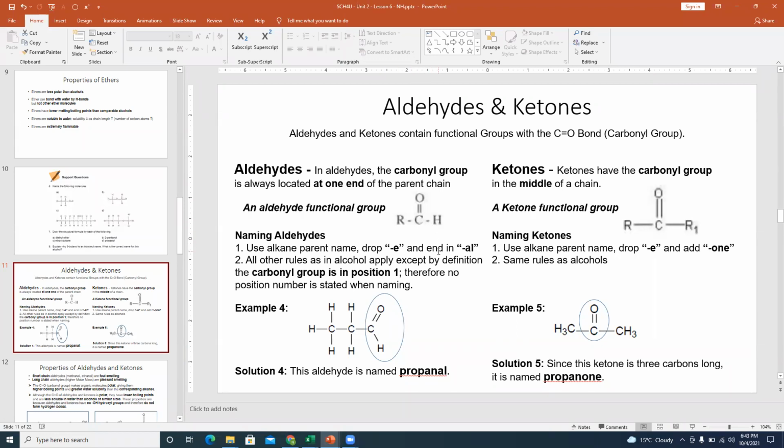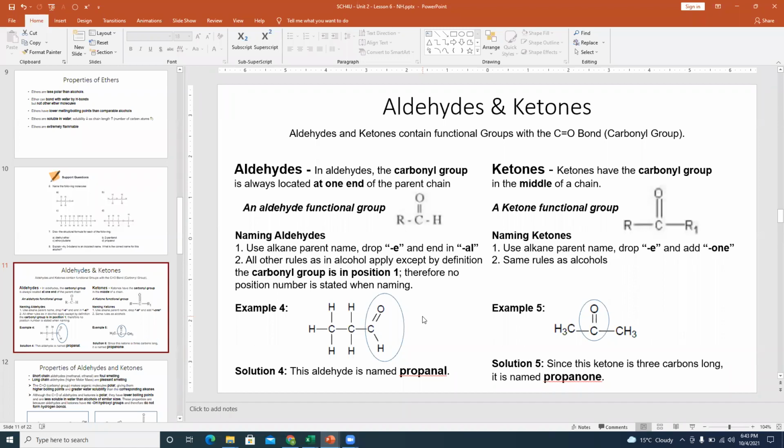Then there are naming conventions for naming aldehydes and ketones, which we will cover right here. Using your parent alkane name, you drop the E and you end in -al. All of the other rules are the same as for alcohols, except that by definition, because the carbonyl group is at one end of the molecule, the carbonyl group is always in position number 1.